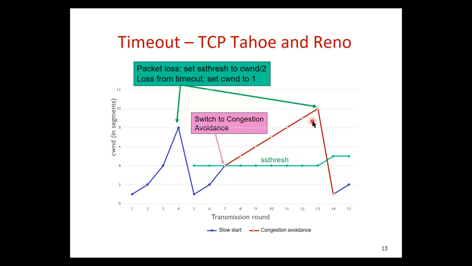I also assume that this loss is caused by timeout, so CWND is reset to 1. It goes back to slow start, increases exponentially until it reaches SS threshold, and at that point it will switch to congestion avoidance. So I keep doing that.